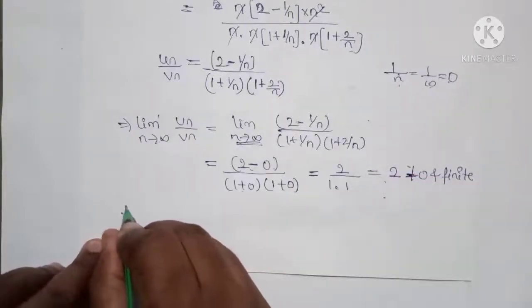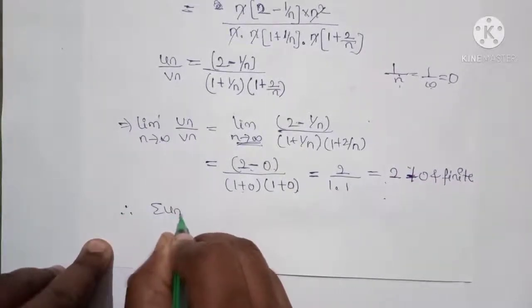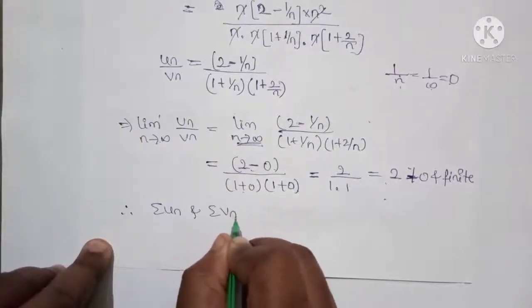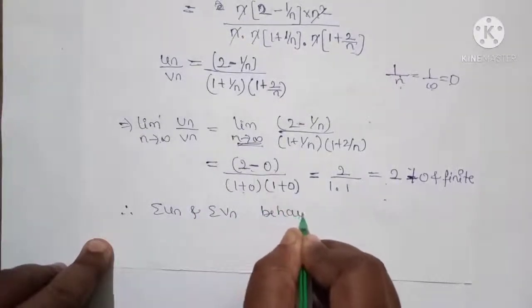Therefore we say that summation un and summation vn behave the same, that is by the comparison test.